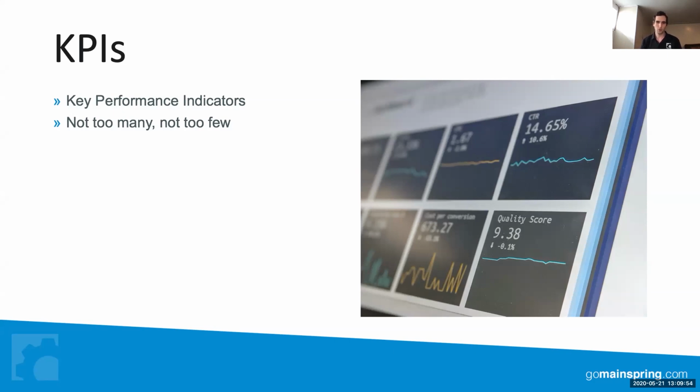So not too many, but obviously you don't want too few either. You don't want one or two, because then you're driving all your business off of one or two numbers. Anybody can hit a number, but being able to hit all the numbers, I think that's where success really comes into play.